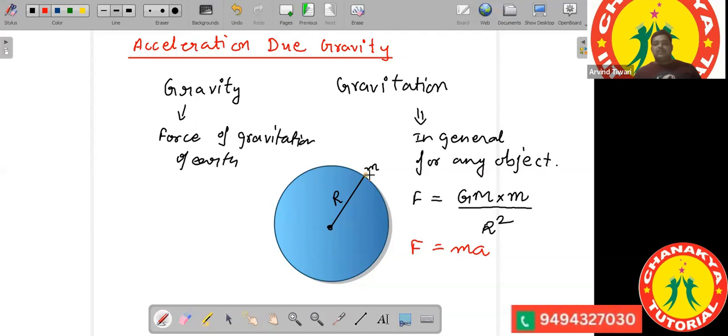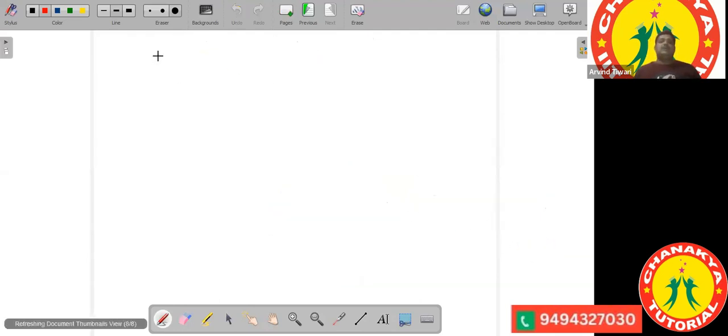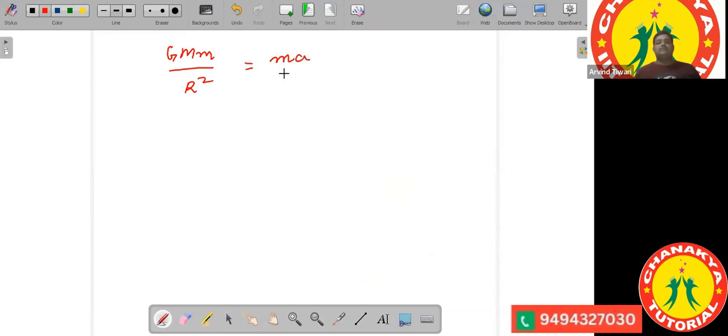Now, since on this small mass m a force of G M m by r squared acts, we can also calculate the force by using the formula force equals mass into acceleration, right? This is our first equation. This is our second equation. So if we equate both of them, we get G M m over r squared equals m into a.